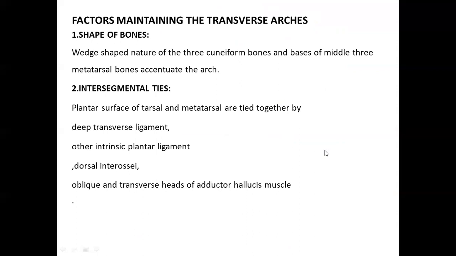Now, what are the factors that maintain the transverse arches? Same topics under हैं. We have the shape of the bones, wedge-shaped nature of the three cuneiform bones, and bases of middle three metatarsal bones form the arch. Intersegmental ties किससे होगा? Plantar surface, tarsal और metatarsal के बीच में they are joined together by deep transverse ligament, intrinsic plantar ligaments, dorsal interosseous, and oblique and transverse head of adductor hallucis muscle.